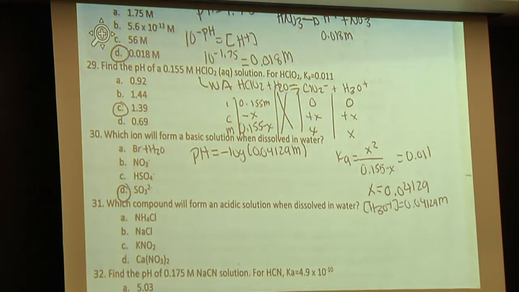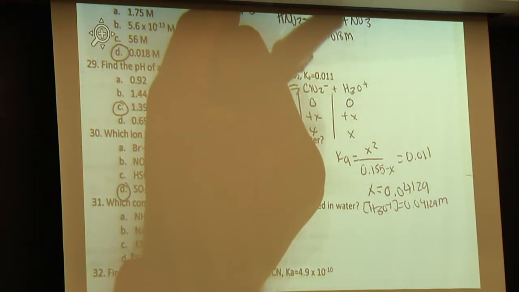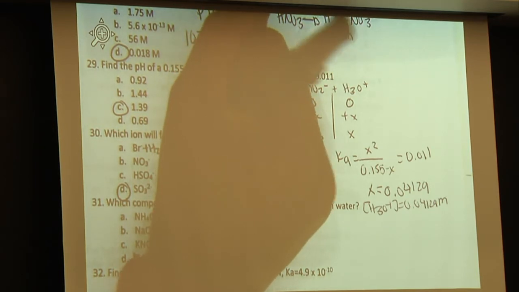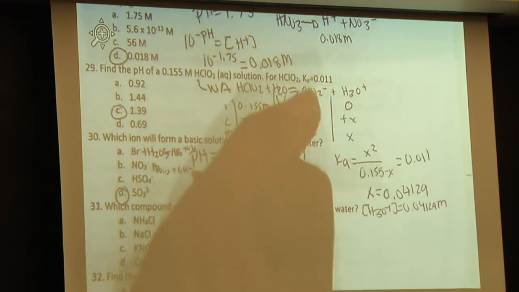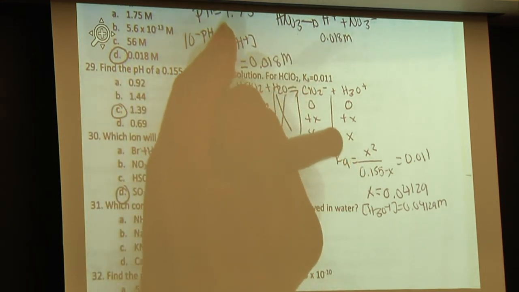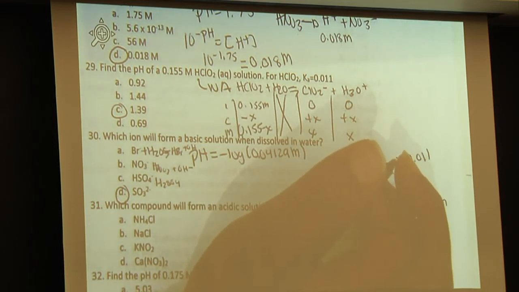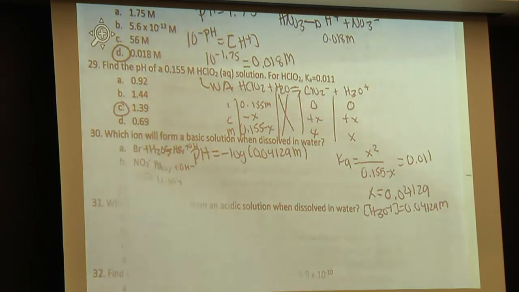So Br minus plus water would be HBr plus OH minus. And this would be HNO3 plus OH minus. And then this would be H2SO4. Wait, am I doing this wrong? Yeah, I am. Let me get a paper. Because they want to know which one will form basic, so all of them should be acidic, except for that one.